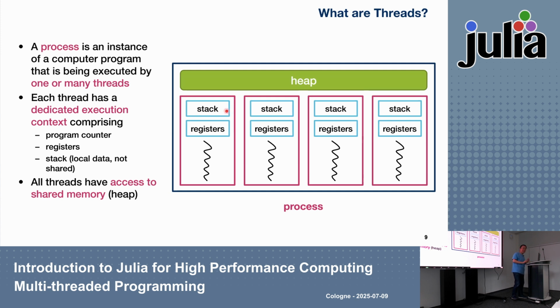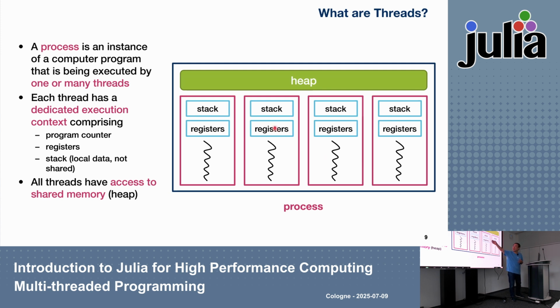And each thread has its own dedicated context. This may be more friendly for computer scientists, but for most of you, those are just like local resources for one thread. Here in this graph, I'm showing you one single process which contains 4 threads.